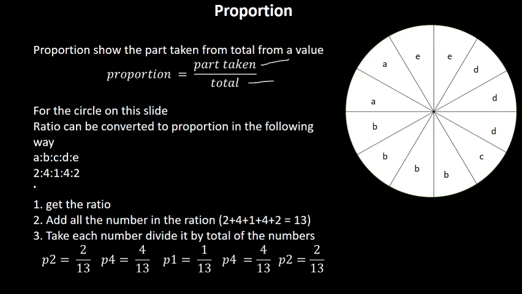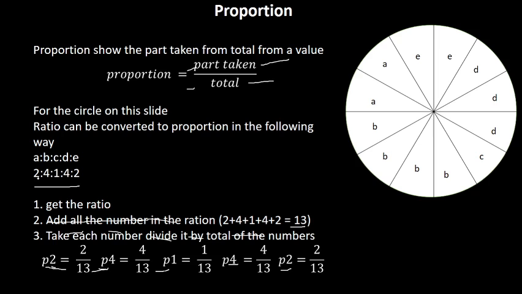So just like this one, we need to do two things. We need to find individual parts and we need to find the total part. Add all the numbers in the ratio together. That is 13. And take each number, divide it by the total. That is the proportion of each number: proportion of 2, proportion of 4, proportion of 1, proportion of 4, another proportion of 2.